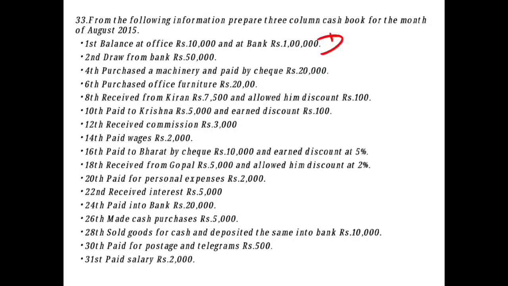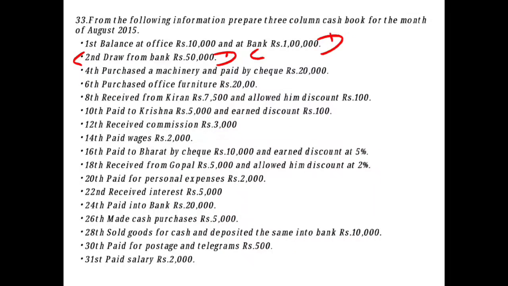Opening balance is cash 10,000 and bank balance 1 lakh. Now drew from bank, which is a contra entry, which you have to record on both sides, debit as well as credit. Now you have withdrawn from bank, so on the debit side, to bank in the cash column you should write 50,000, and on the credit side, by cash in the bank column you should write 50,000.